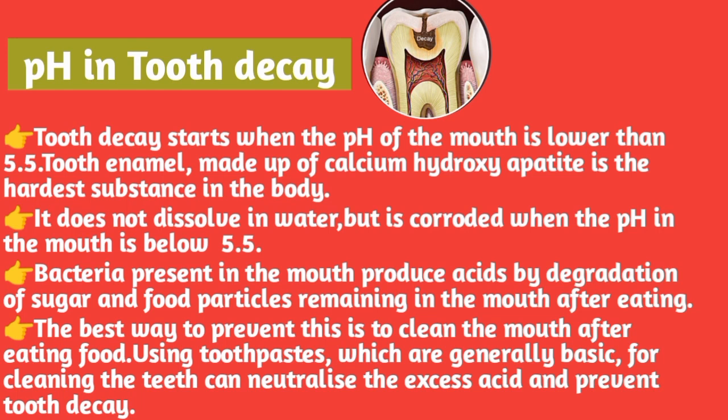Bacteria present in the mouth produce acids by degradation of sugar and food particles remaining in the mouth after eating. The best way to prevent this is to clean the mouth after eating food using toothpastes, which are generally basic. Cleaning the teeth can neutralize the excess acid and prevent tooth decay.